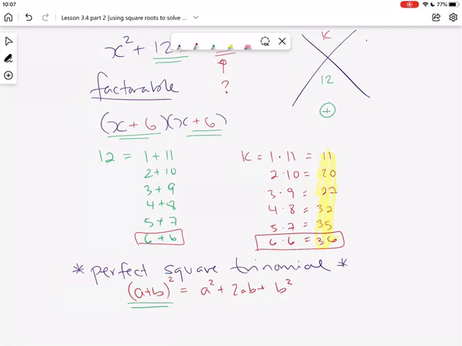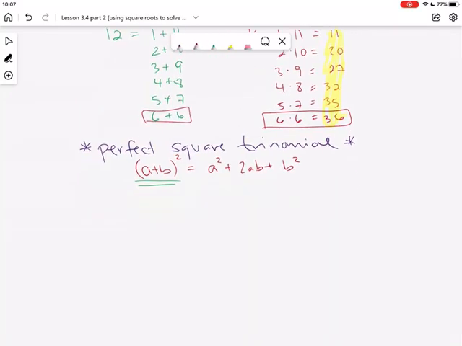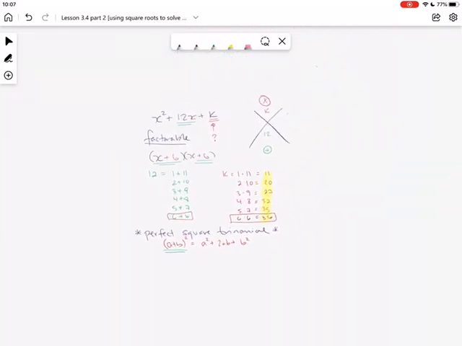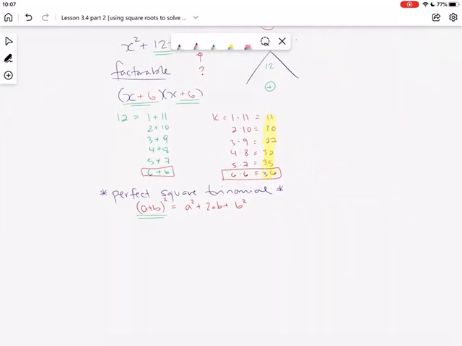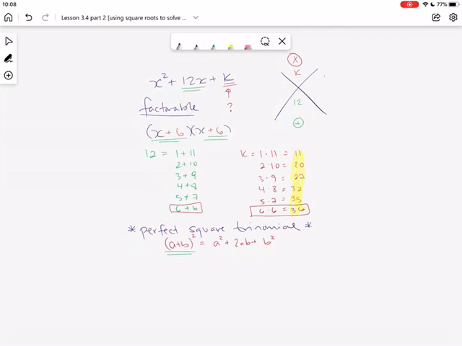That means that k would have to be 36 in order for this to be a perfect square trinomial. So if this was 36, that means that if I factored it, I would get x plus 6 all squared.